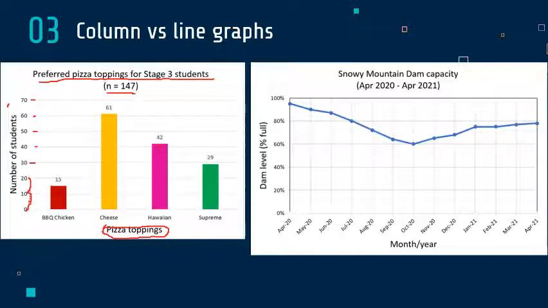So when I'm drawing or creating a graph, I need to think about my scale, whether it's appropriate. And for these graphs, particularly for a column graph, you kind of want your x-axis and y-axis to be similar lengths. Generally, your x-axis will be longer, but you don't want your y-axis to be really low and your x-axis really long, because it kind of flattens the data.